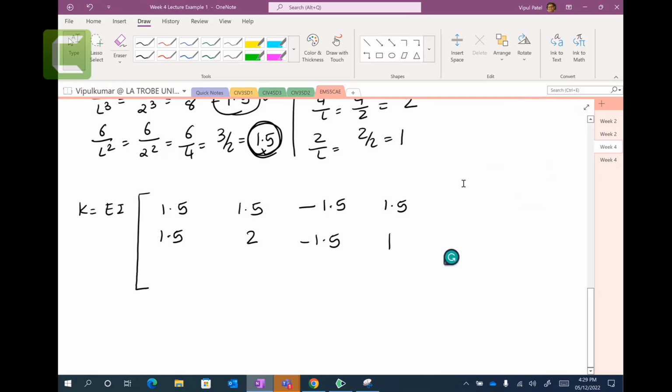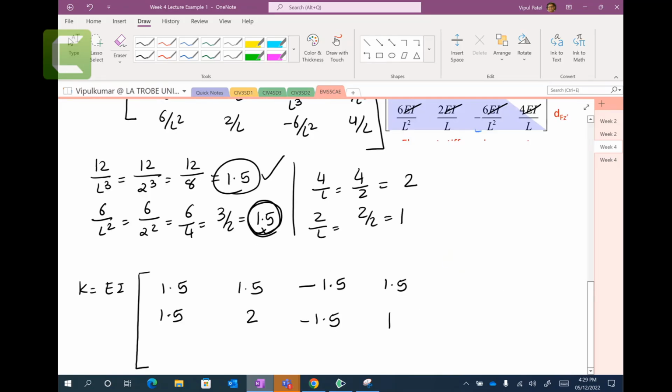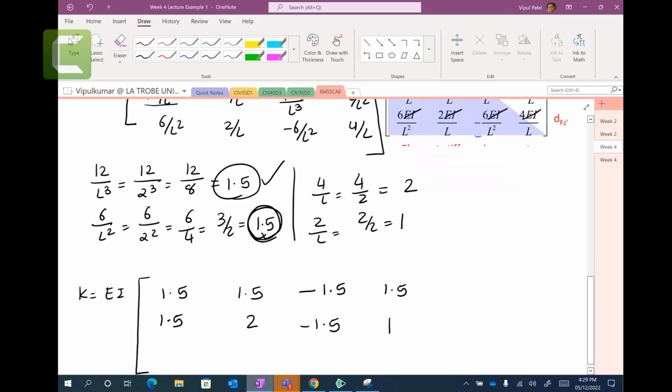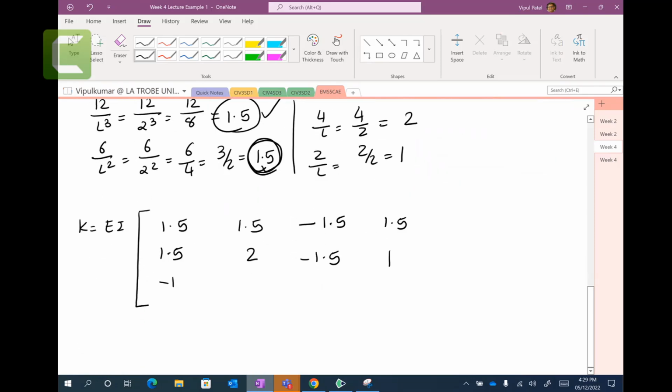Let me fix up this one here. Now minus 12 on L cubed, which is minus 1.5.